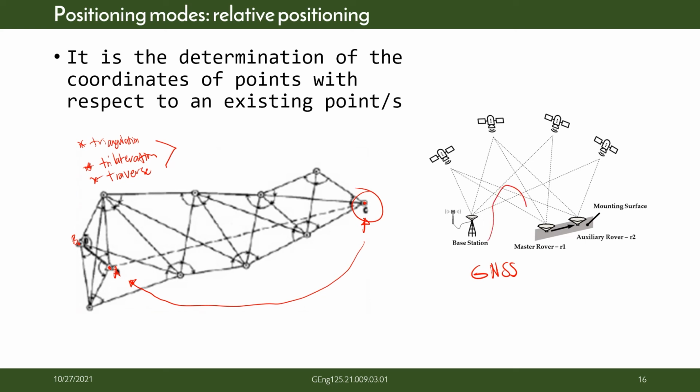Let's say you have a mountain there, you can still perform positioning on the other side, because we have satellites that serve as your reference point. Instead of heavenly bodies, we use satellites as our reference.